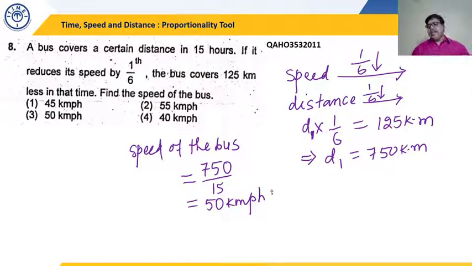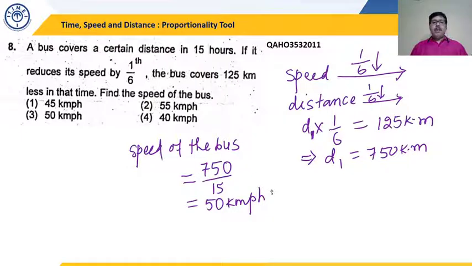Can I say again, this question is not more than a 20-30 second question. You can solve this question only if the speed is decreased by 1 by 6, the distance is decreased by 1 by 6, because time is constant. 1 by 6 of old distance covered is 125 kilometers. So the old distance covered is 750 kilometers, covered in 15 hours.